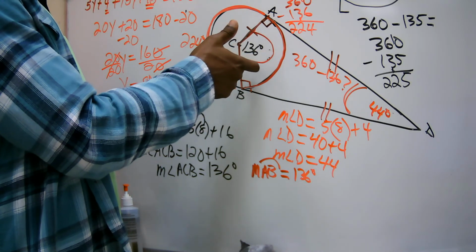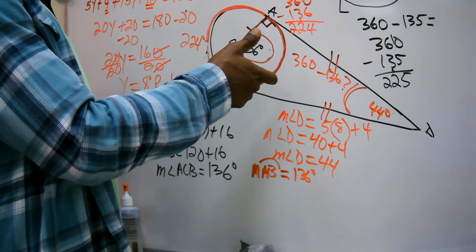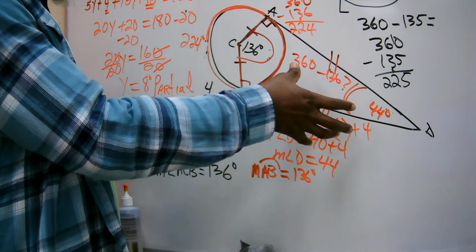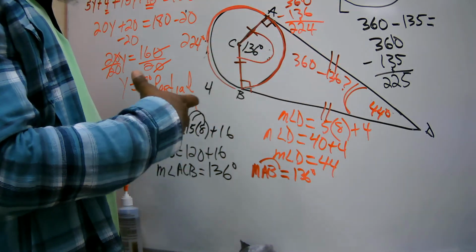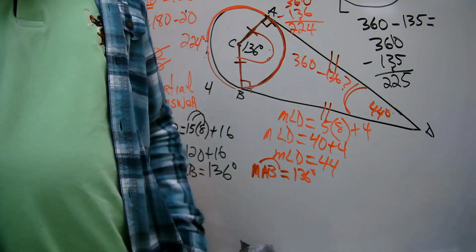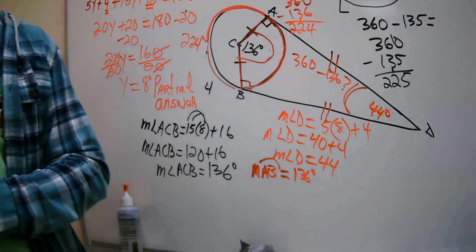Since this is a kite, the sum of the four angles in the kite as a quadrilateral should add up to 360. You can add the four angles, make it equal to 360, then solve your equation.